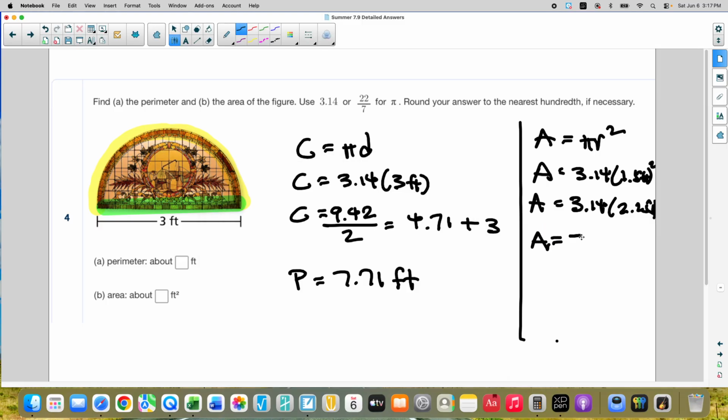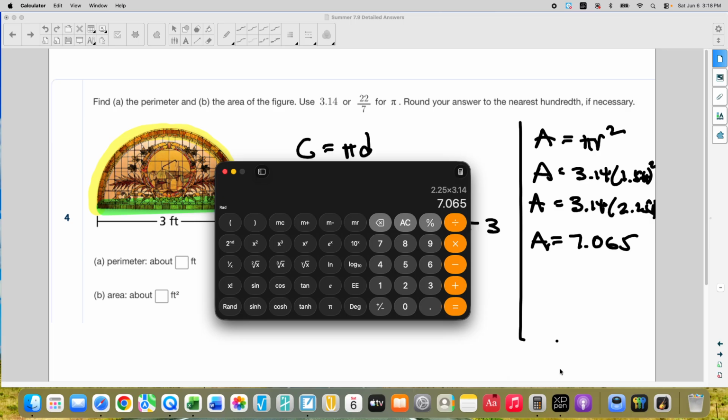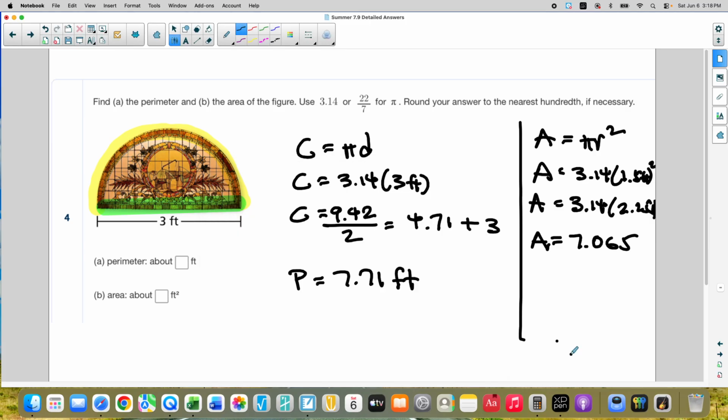Area equals 7.065. That is feet squared.